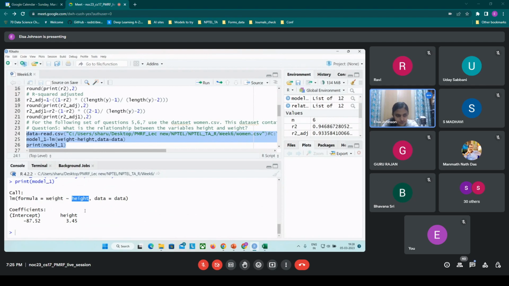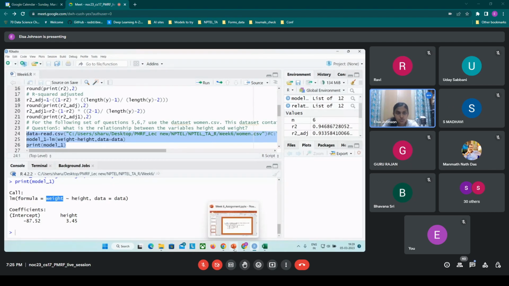This is your dependent variable, and the other one is your independent variable. The intercept is coming as minus 87.552, and height is coming as 3.45. So this is the model that has been created on this data.